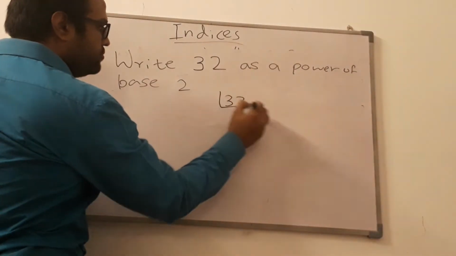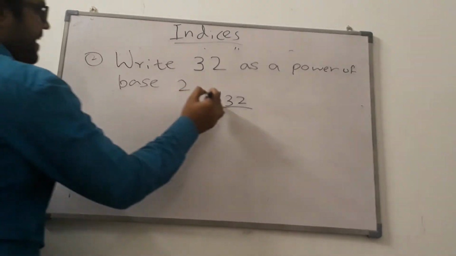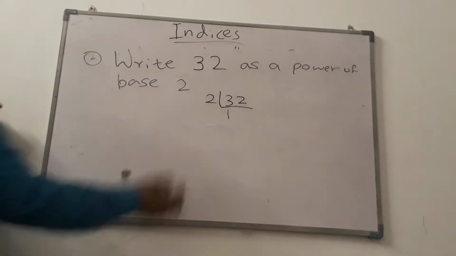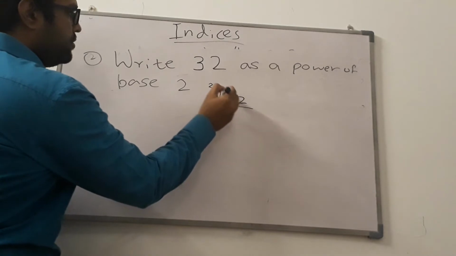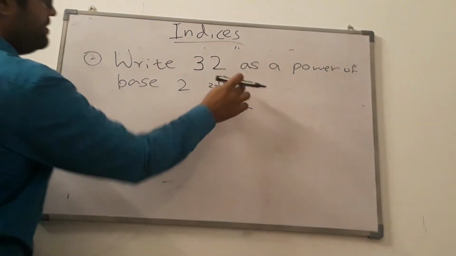I am going to divide 32 by 2 a couple of times. When we divide 32 by 2, for 3 there is only 1 2. Okay, 1 times 2 is 2. 2 and 3 the gap is 1. So I am going to write 1 with 2.